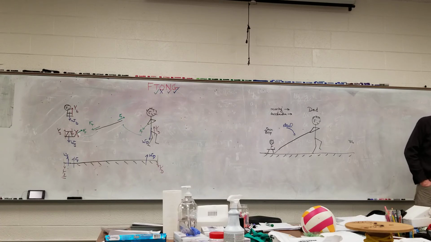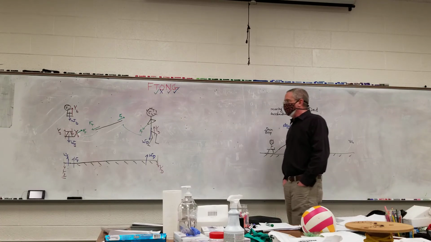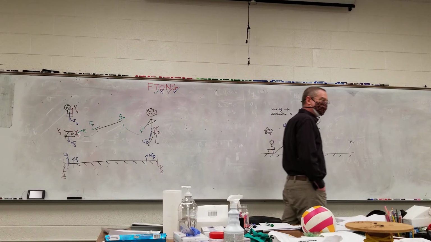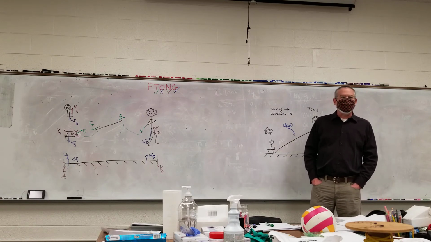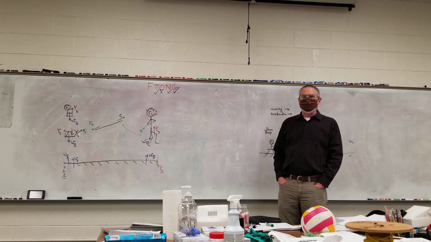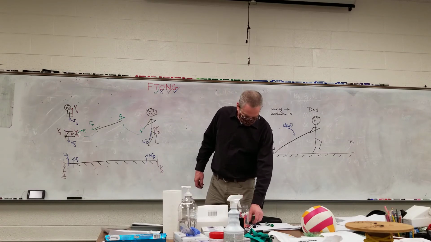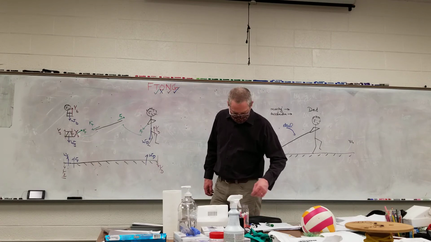I am going to direct this a little bit in terms of complexity. So why don't we start out with sled and ground. Which way is friction acting on the sled from the ground? We got a majority of people pointing in the correct direction. What color have I not used yet?